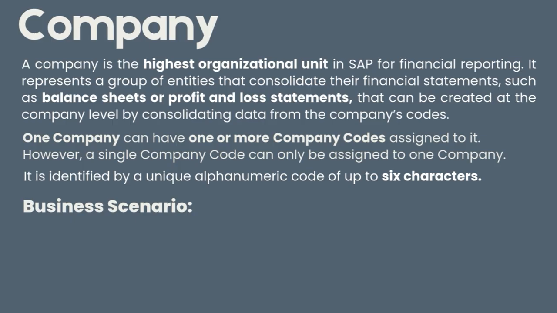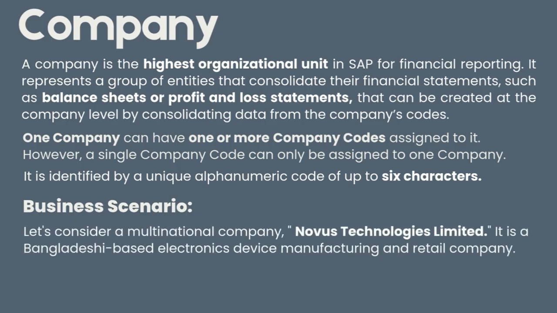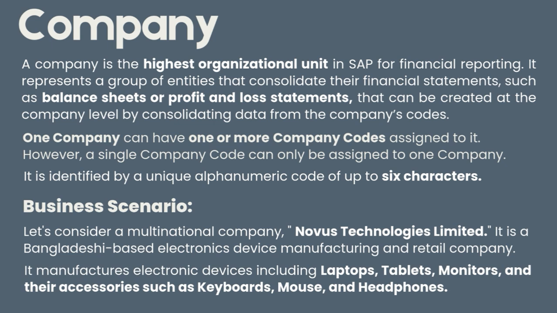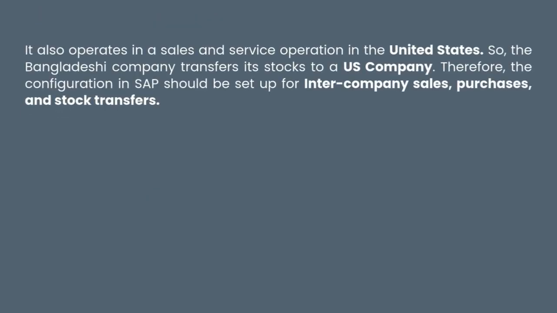Business scenario. Let's consider a multinational company, Navis Technologies Limited. It is a Bangladeshi-based electronics device manufacturing and retail company. It manufactures electronic devices including laptops, tablets, monitors, and their accessories such as keyboards, mouse, and headphones. It also operates a sales and service operation in the United States.